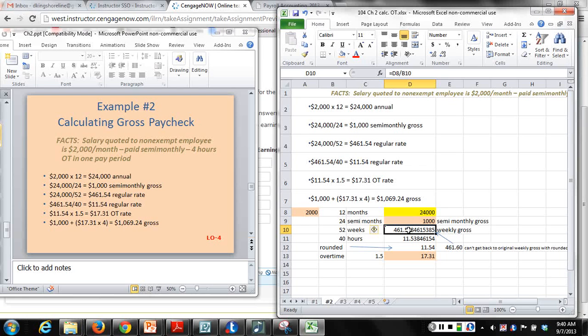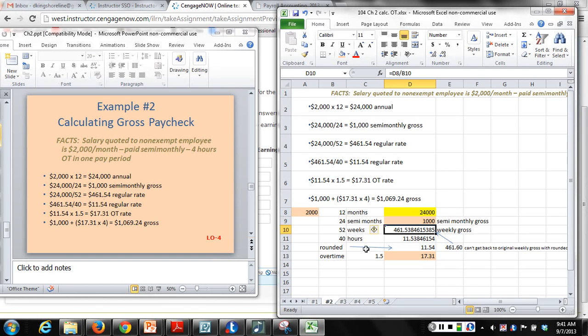It was this number here, and we're only seeing part of that number here. But in accounting and in payroll and under the law, we're not going to deal with that very long, precise fraction. We're going to round it to the nearest penny, the nearest cent, round it to 2 decimal places. And so that's how we arrive at this 461.54 regular rate.